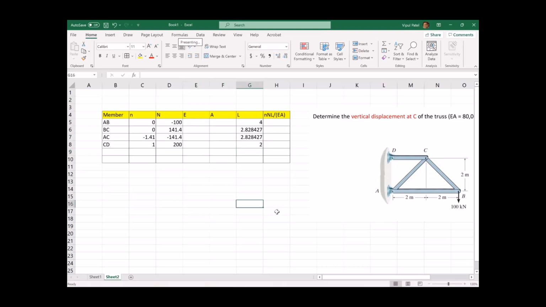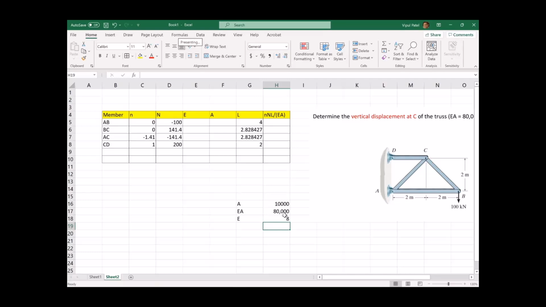Now Young's modulus, let's assume the area is the same, 100 times 100, we got 10,000, and EA we got 80,000. If I want to calculate the Young's modulus, I can just say this EA divided by area, I think this is very small.